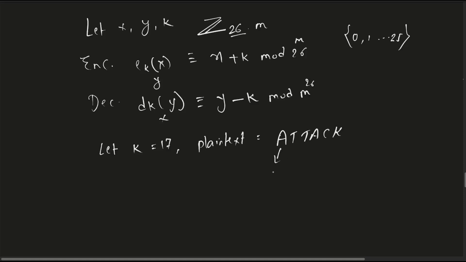So A is the very first letter, index 0. The index of T turns out to be 19. A is again 0, C is 2, and then we've got 10 for the K. This is my X, so I can call these X1, X2, X3, X4, X5, X6.